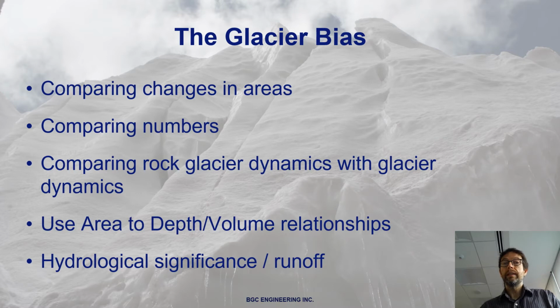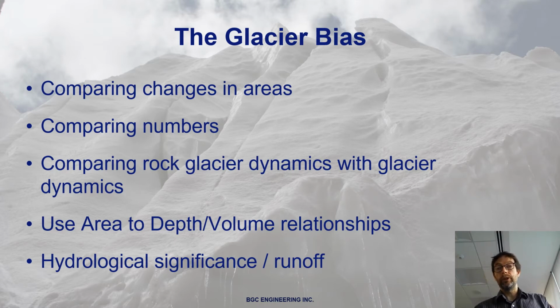Unfortunately, there is still this connotation with glaciers, and I want to briefly touch upon some of those biases. One is that I've seen inventories where people start to compare areas. We have X amount of glacier area and Y amount of rock glacier area, and then you compare them over time and look at how rock glacier areas change, or don't really change, versus glacier areas.